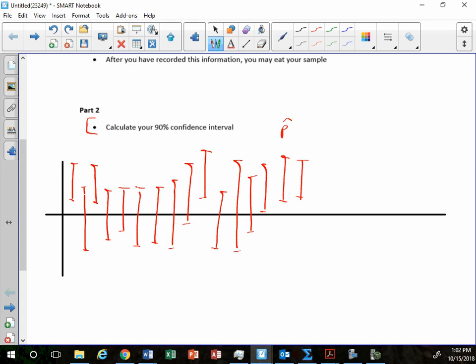Jackie? 13.5% to 37.8%. Somewhere in there. I'm clearly not being super precise. 11.3 to 30.5. Okay. 4.5.